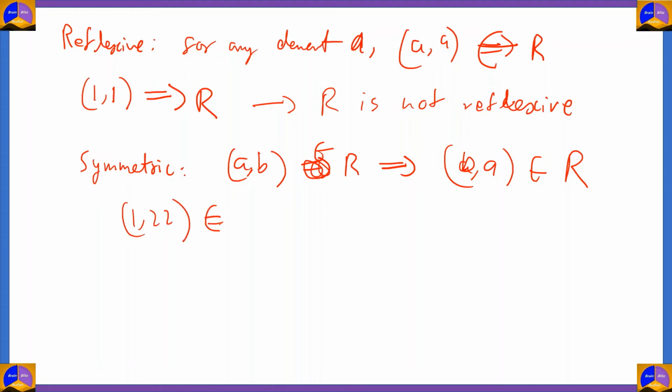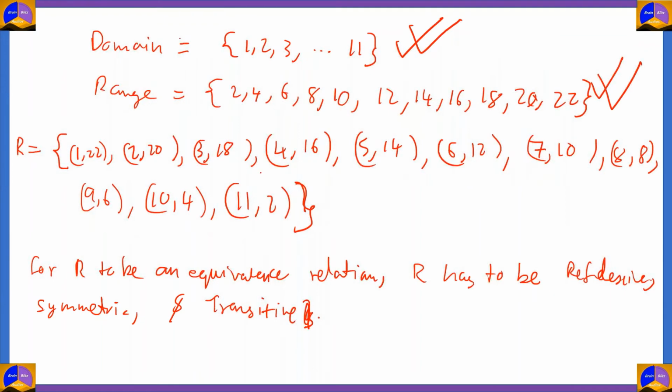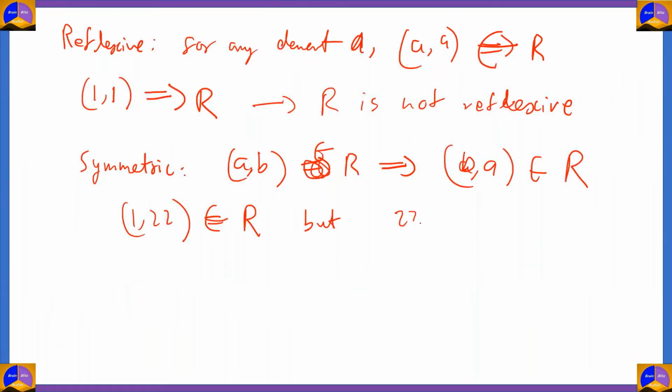This belongs to the relation R, but its reciprocal, that is B comma A, which in this case is 22 comma 1, is not found in the relation. So 22 comma 1 does not belong to R. Therefore, R is not symmetric.